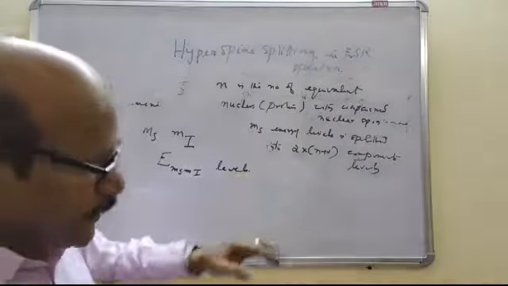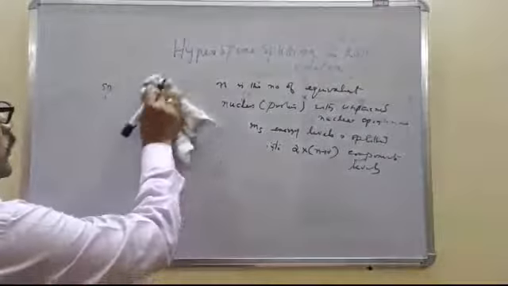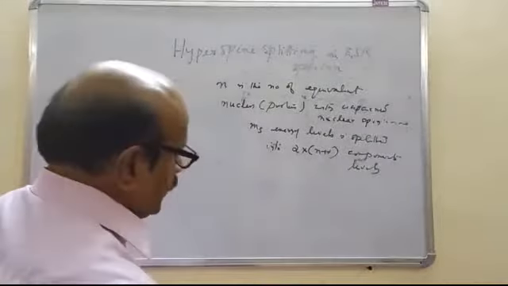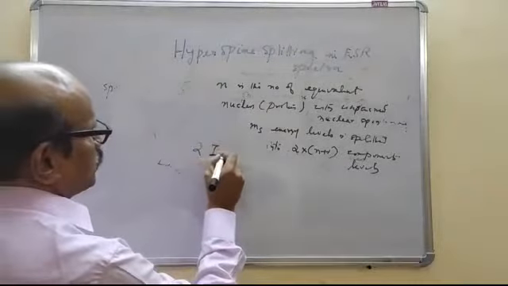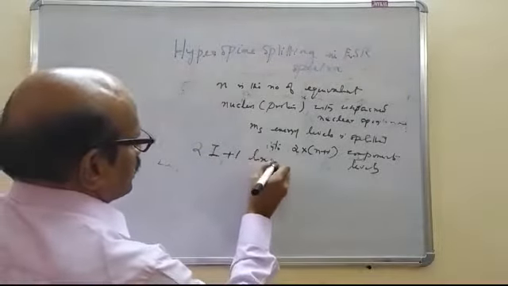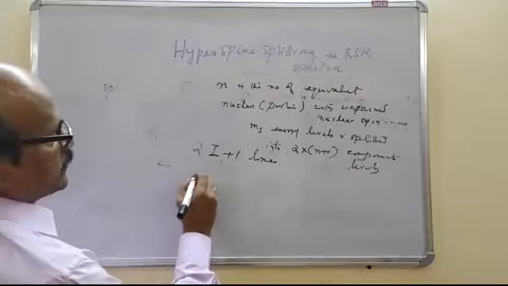You have to remember two important things: the number of lines and the number of energy levels.